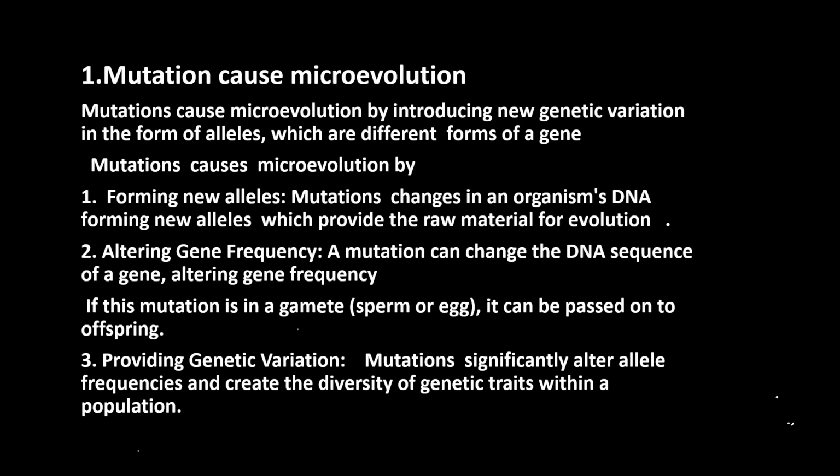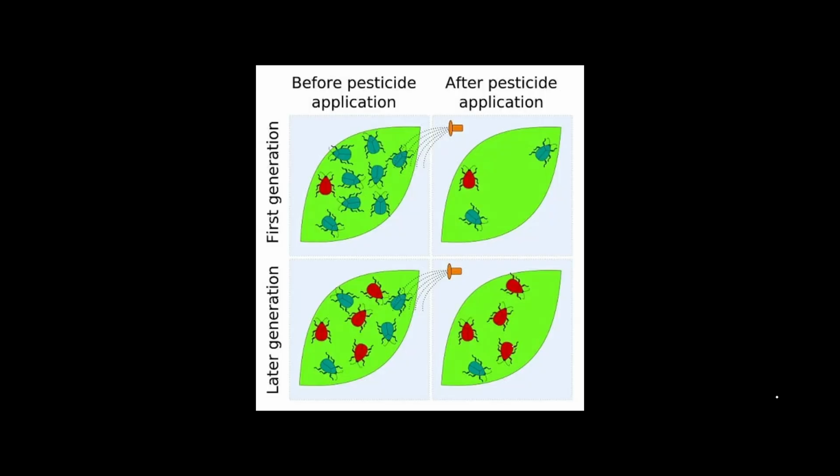So mutation forms new alleles, altering gene frequency. If the mutation occurs in a gamete, it passes to the offspring and produces new varieties of species, and it also provides genetic variation. Mutation significantly alters allelic frequency and provides diversity of genetic characters or traits within a population.